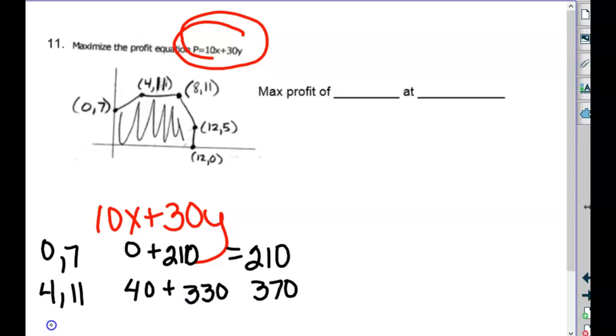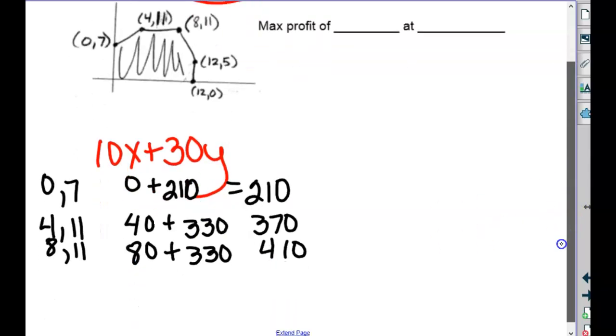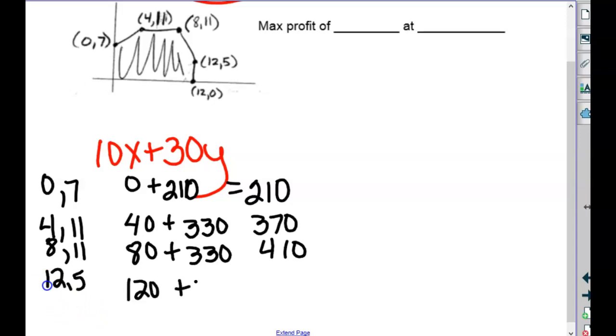Somebody can tell me if I do one wrong. 811 would be 80 plus 330. 12.5 would be 120 plus 150.